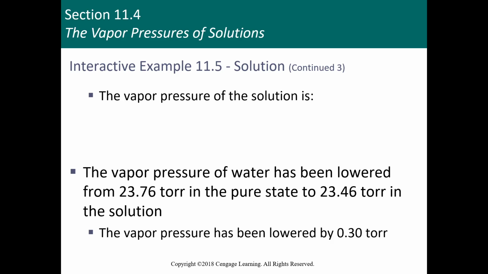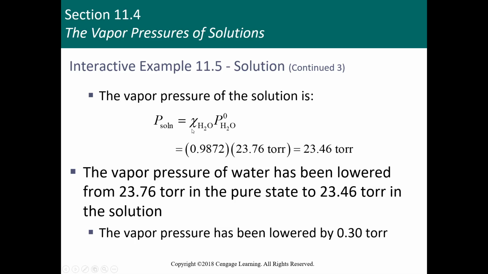So the vapor pressure of your solution is going to be, again, you take Raoult's law, you substitute the values you have, which are these two over here. So you have chi times this partial pressure. This, by the way, is P naught. That means the standard partial pressure, if you ever see naught. And so you just multiply these values. You're going to get an answer that's in torr.